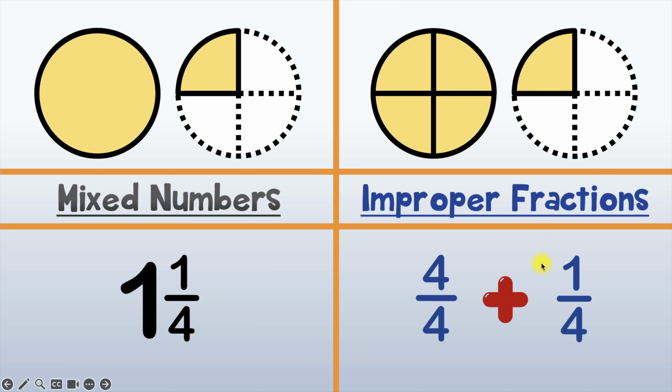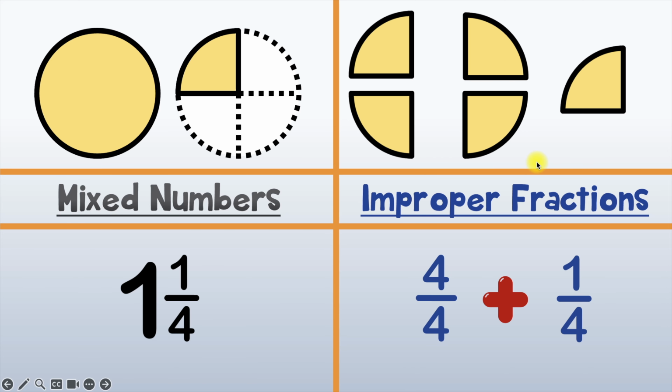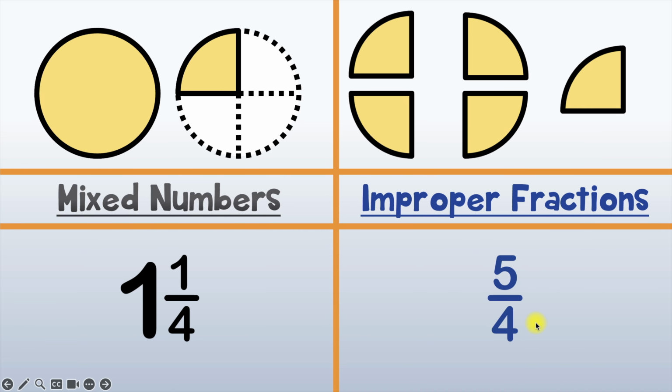But I want to make sure that we focus on the model. Let's take all of these fourths and break them up. How many fourths do you see? Well, there's 1/4, 2/4, 3/4, 4/4, and 5/4. So to represent this model using improper fractions, we would write 5/4.